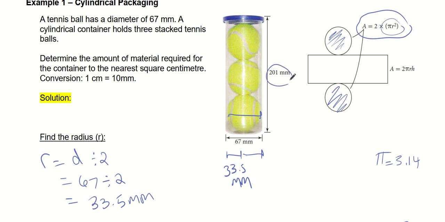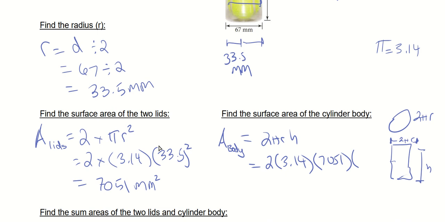So 201 milliliters. Okay, 201. And we drop those numbers in and we get 42308 milliliters squared. Again, because area is always squared.